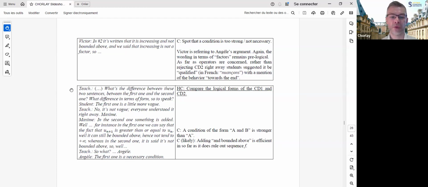Well, for instance, in the first one, we can say that the fact that un plus 1 is greater than or equal to un, well, it can still be bounded above, blah, blah, blah. So at least student Angèle, who is a quite able student, spots a necessary condition. So bounded above seems to be a necessary condition.